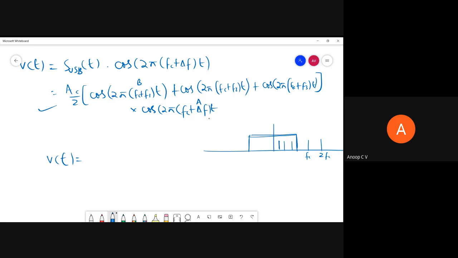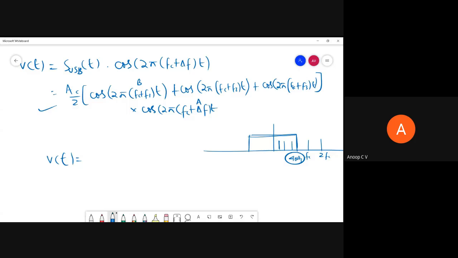So you have to see whichever frequencies are falling within this 400 hertz, and that will be the output of the coherent detector.